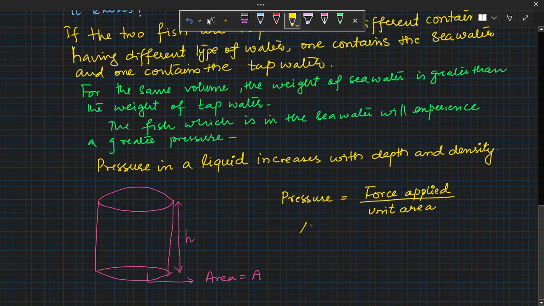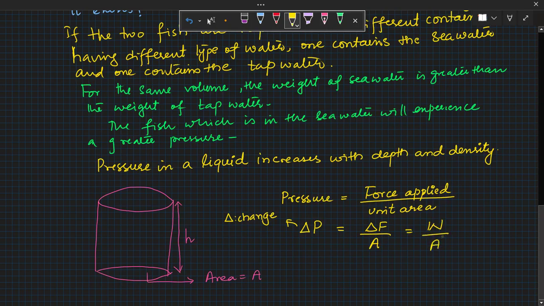Now, if I change the force, what will happen? The pressure will also change, keeping the area the same. Clear? This delta sign means change. Now, can I replace the force by the weight?